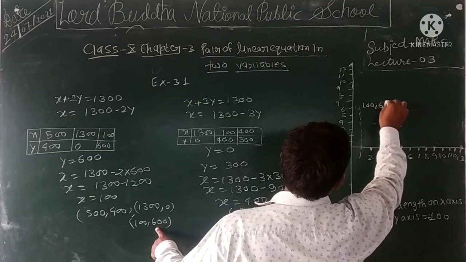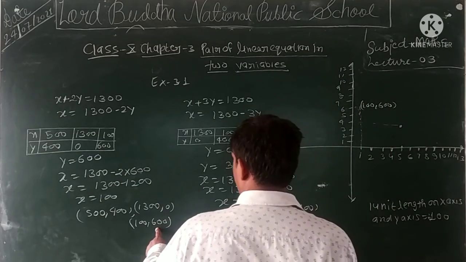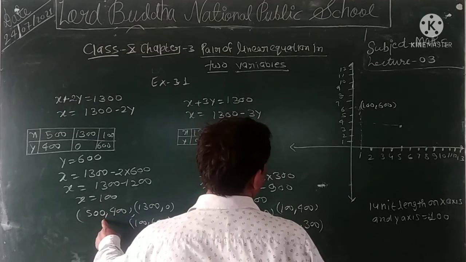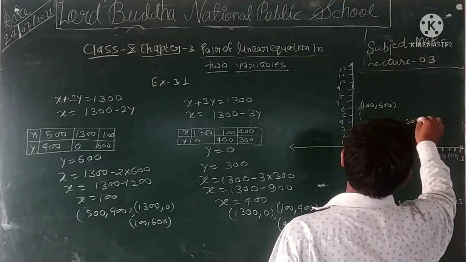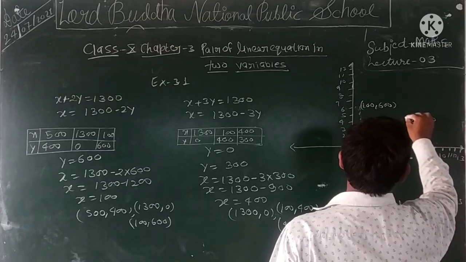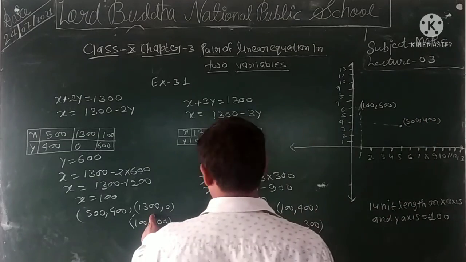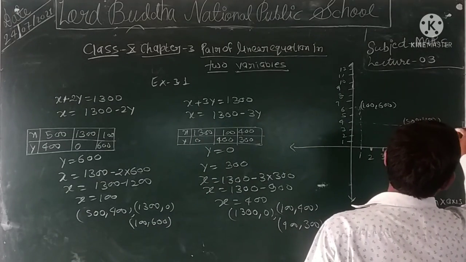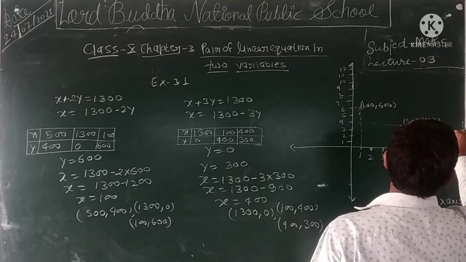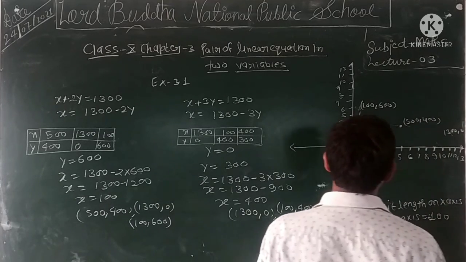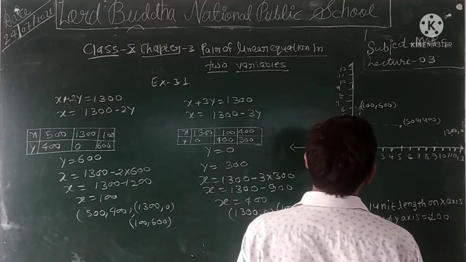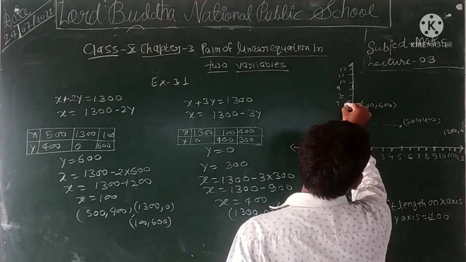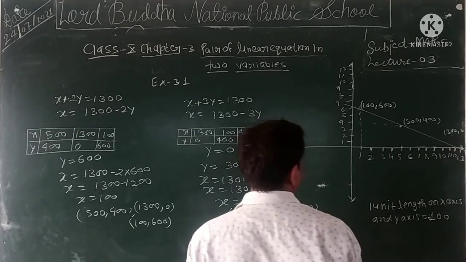This point will be here. 500, 400. And this will be 1300 and 0. The line will be a straight line. We join these 2 points something like this.